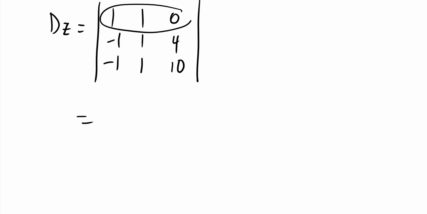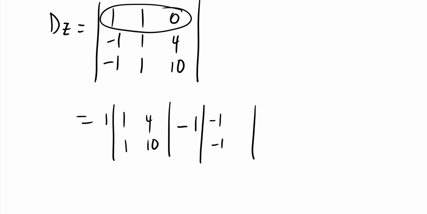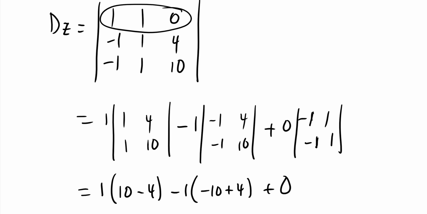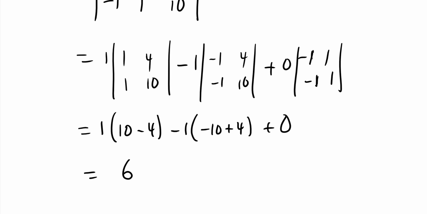Let's say I'm going to pick this row, 1, 1, 1, 4, 10, minus 1, negative 1, 4, 10, plus 0, negative 1, 1, negative 1, 1. Let's see, 1, 10 minus 4, minus 1, negative 10 plus 4, plus 0. So that gives us 6. This is negative 6 by negative, positive 6, so that's a 12.